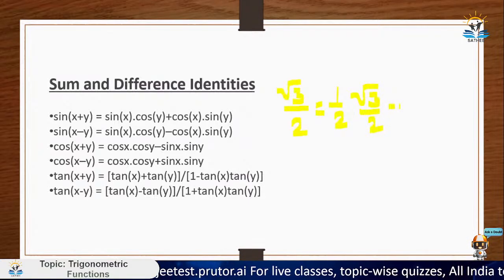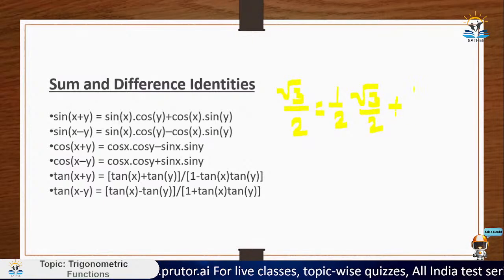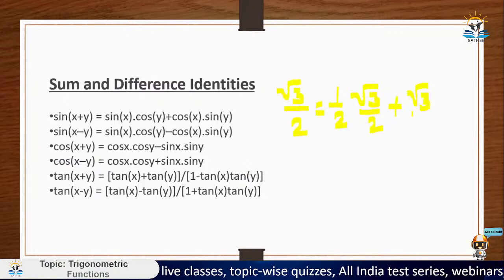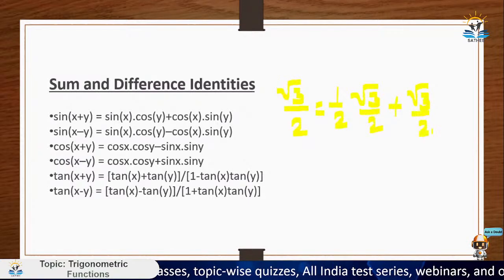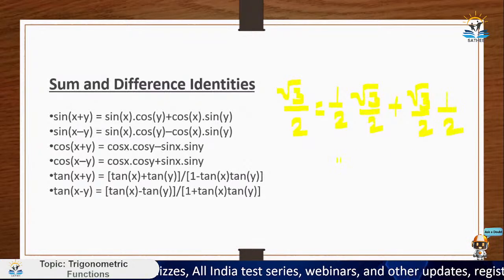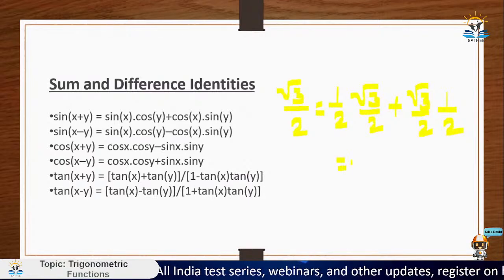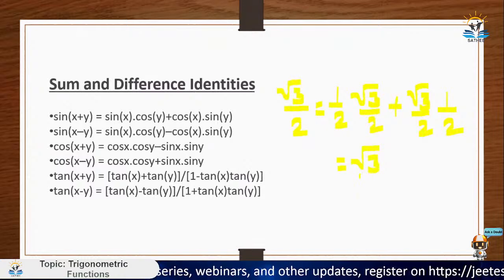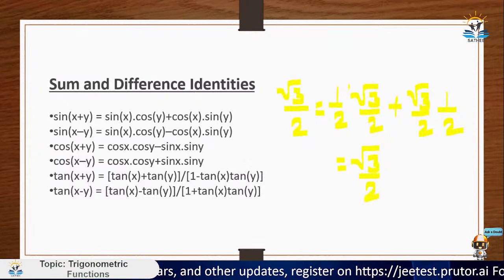Then cos 30 again is root 3 by 2, and sin 30 is half, multiplied with half. So now you can see your answer is root 3 by 2. So see, LHS and RHS are equal. So you can prove it this way.